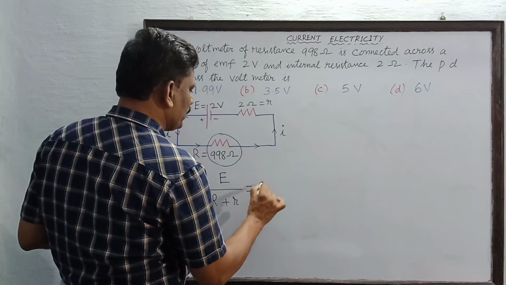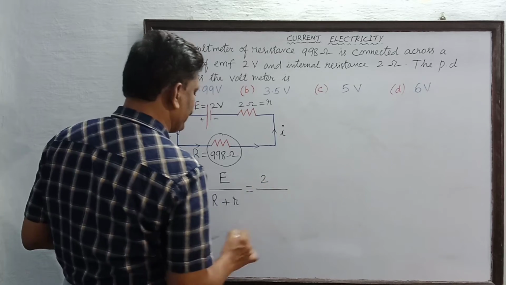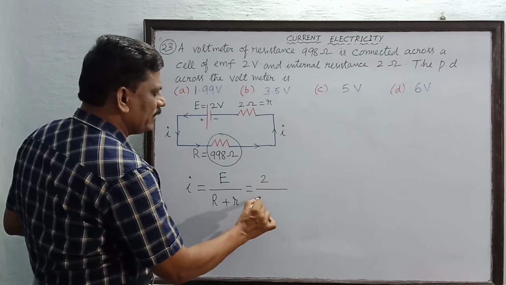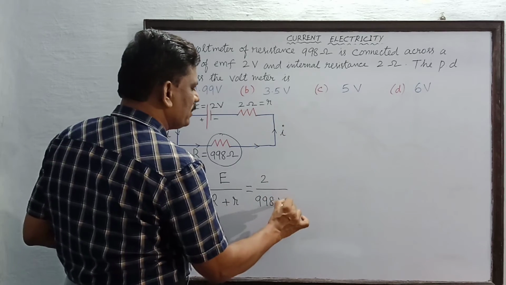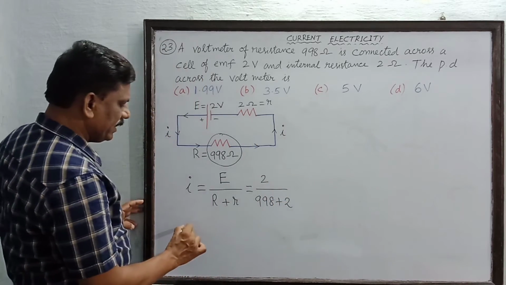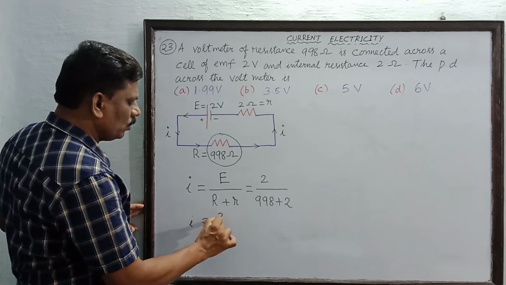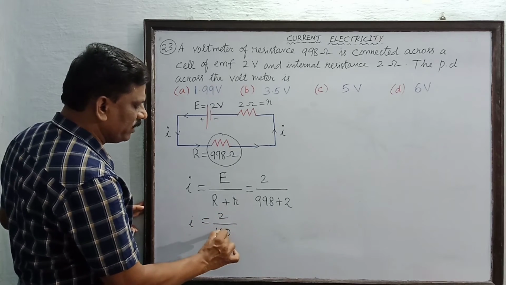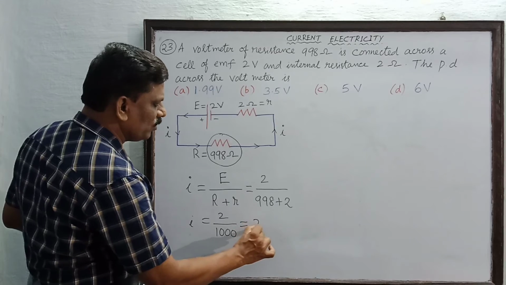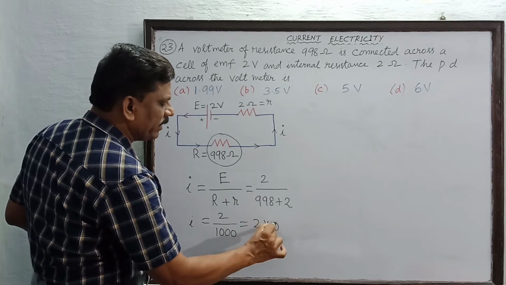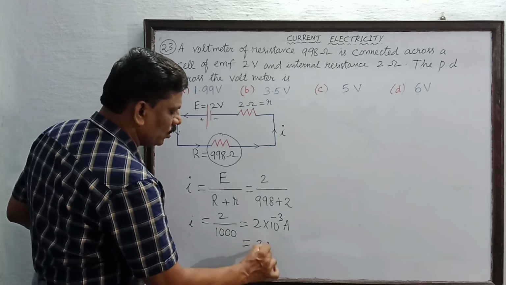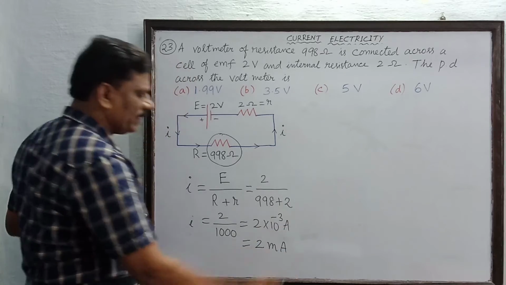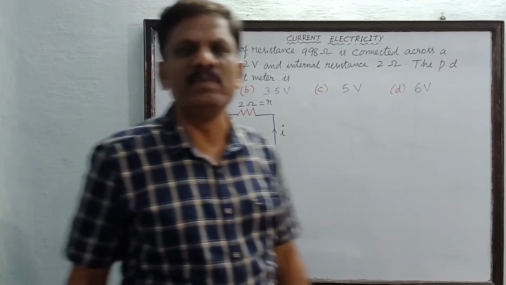So this is equal to 2 divided by 998 plus 2, so I is equal to 2 divided by 1000. 2 divided by 1000 means it is 2 milliampere, so 2 into 10 power minus 3 ampere. So the current flowing in the circuit is 2 milliampere.